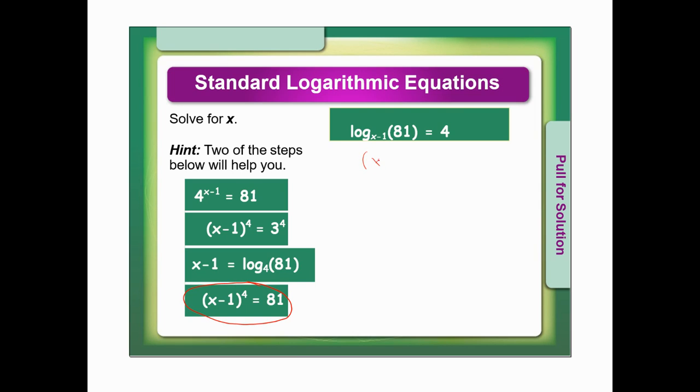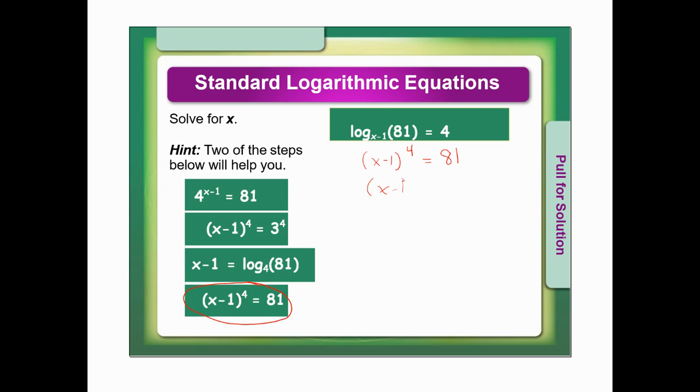So I have my base of x minus 1 to the 4th power equals 81. Now, to solve this, you could take the 4th root of 81, but we also know that if I rewrite 81, we could rewrite it as 3 to the 4th.